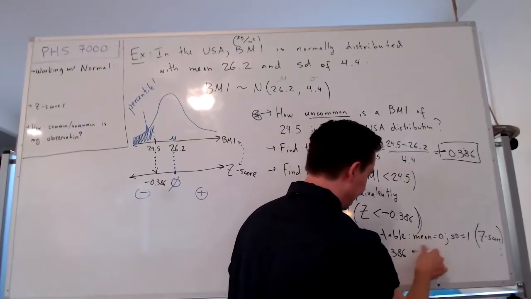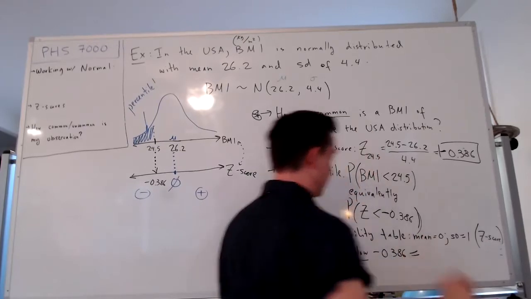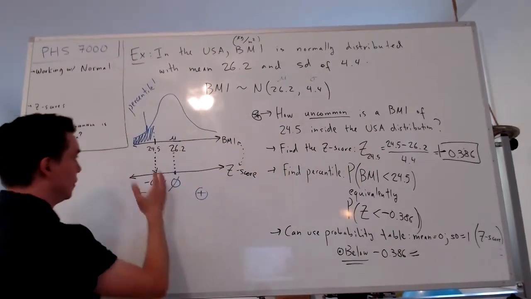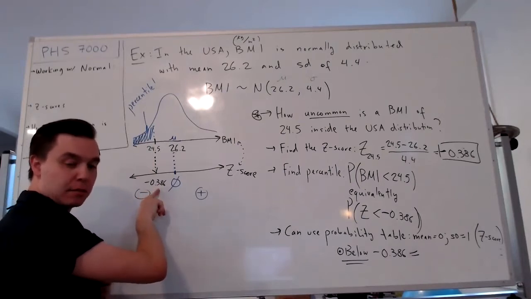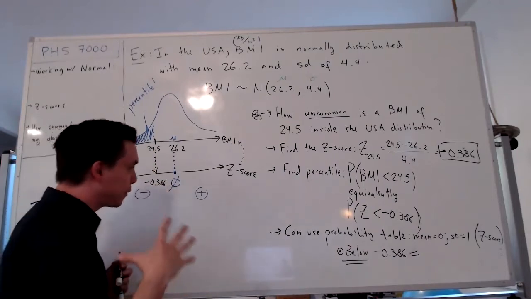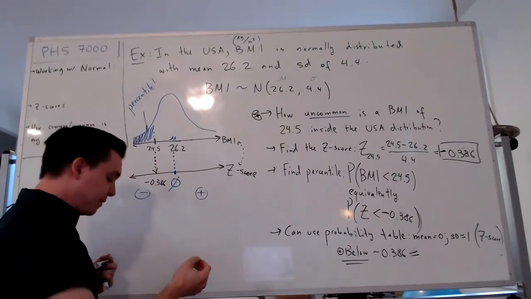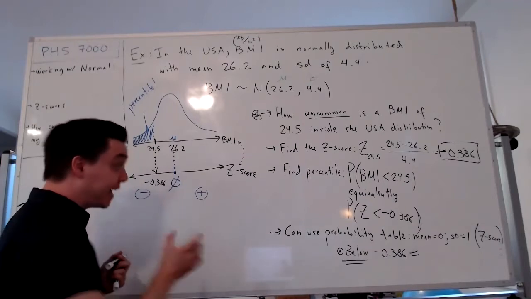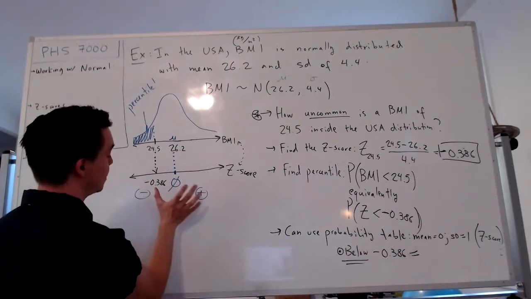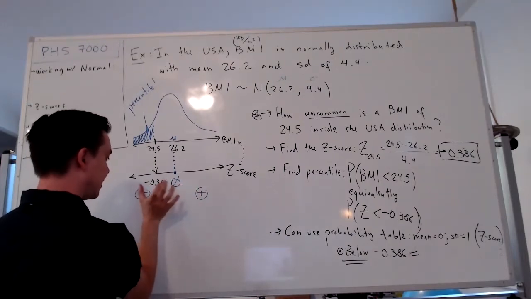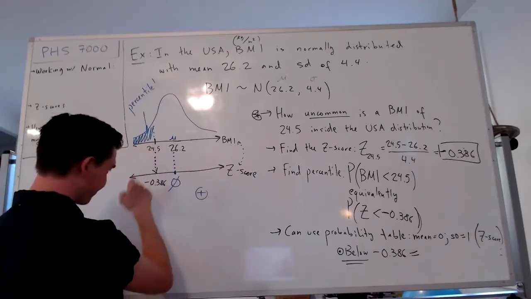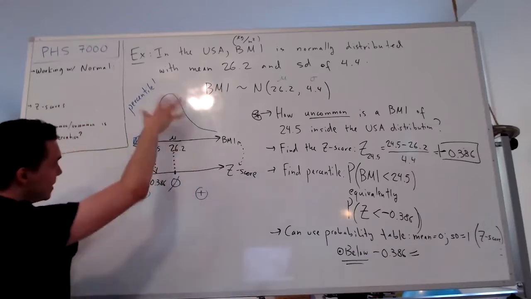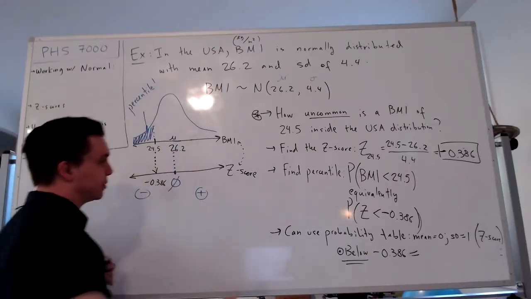And that is equal to, well, what do you expect? We are less than half a standard deviation below the mean. So yes, we're below the mean, but we're not that uncommon. You remember that 68% of the data is within one standard deviation. About 34% of the data is between the mean and one standard deviation below. We're somewhere in there. We're still towards the center of this distribution.